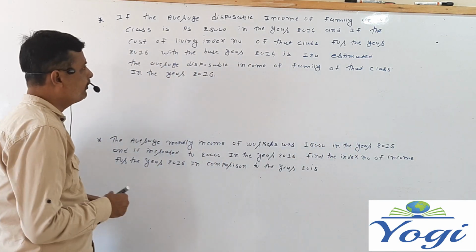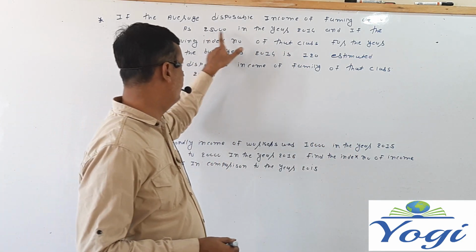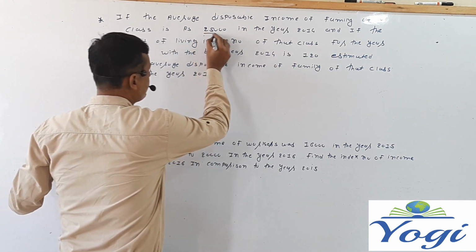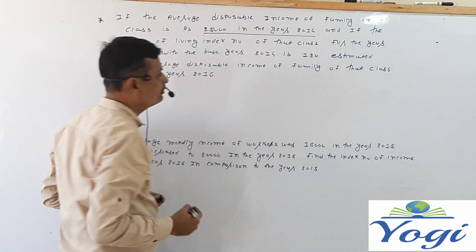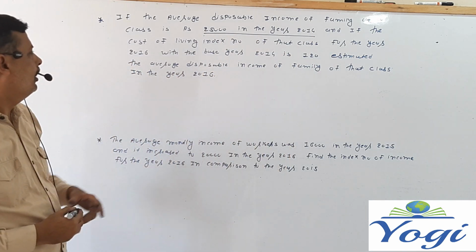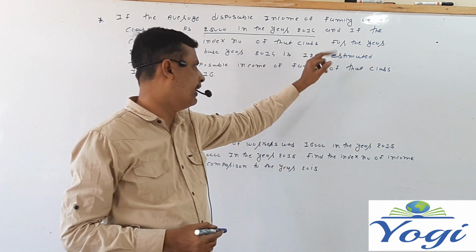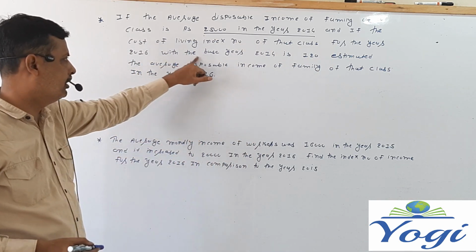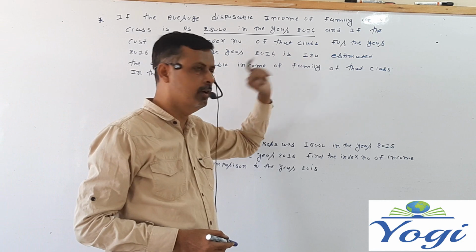So, income of a family in the year 2014 is 25,000, and cost of living index of that class for the year 2016 with the base year 2014 is 120.